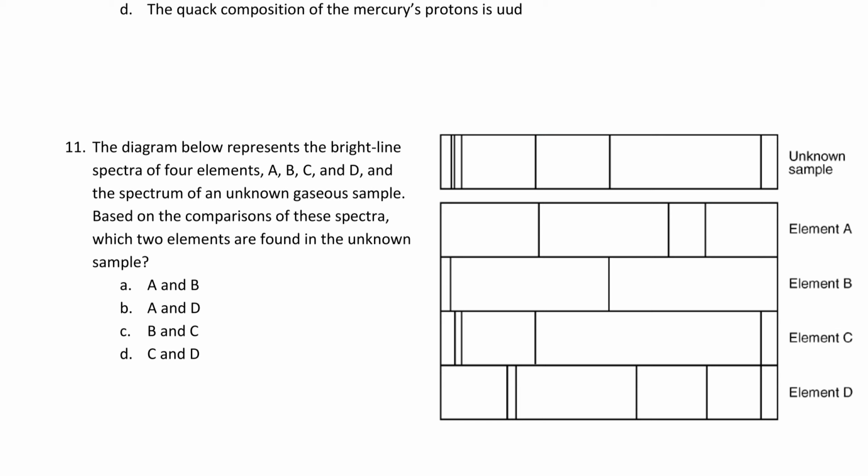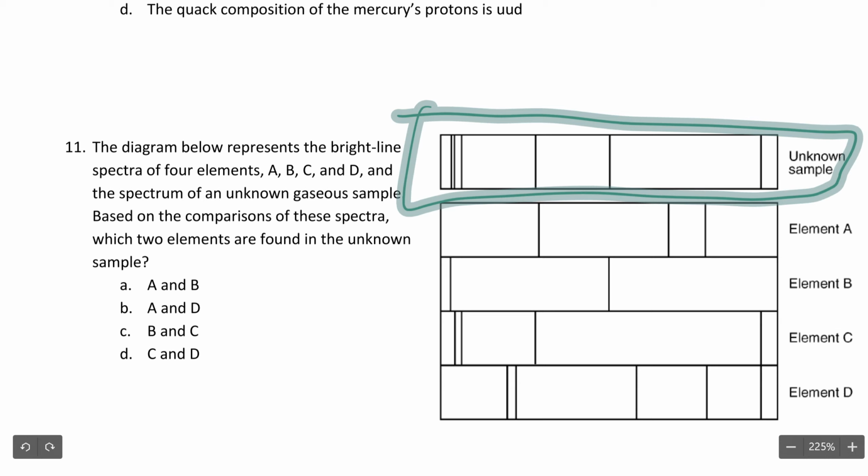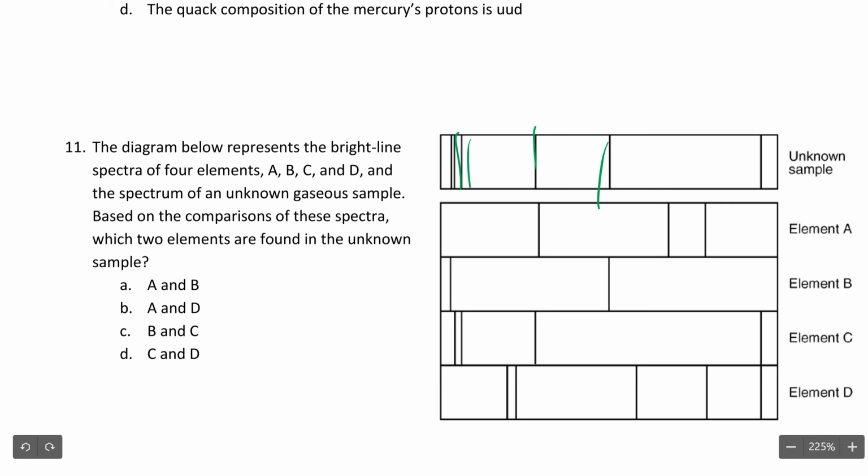So this sample is emitting photons of certain frequencies, and we know which frequencies are emitted by these elements. So we want to compare them, and if the frequencies match up, then we know that element is in that sample. So let's go from left to right here.